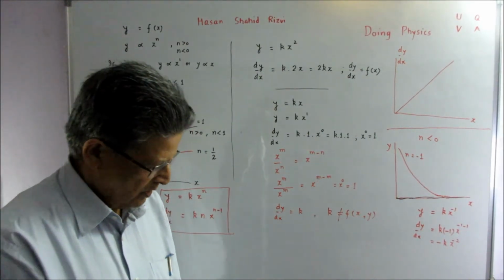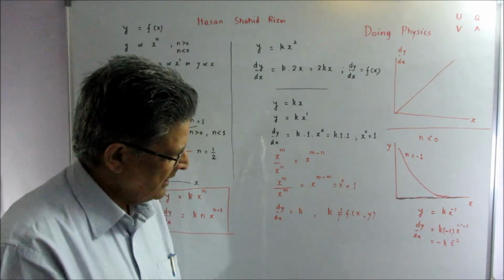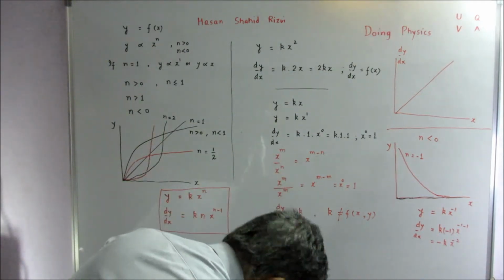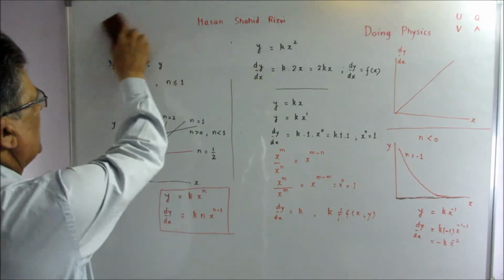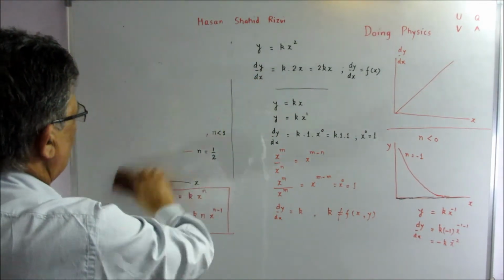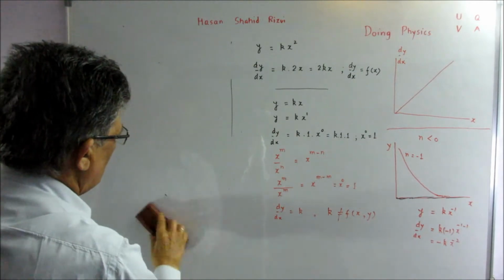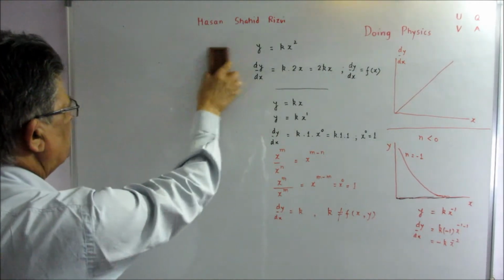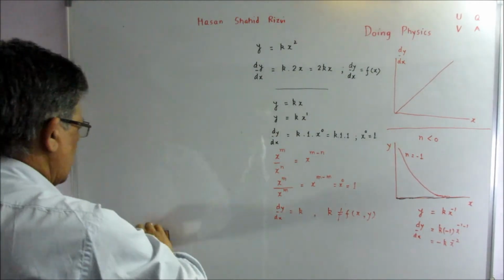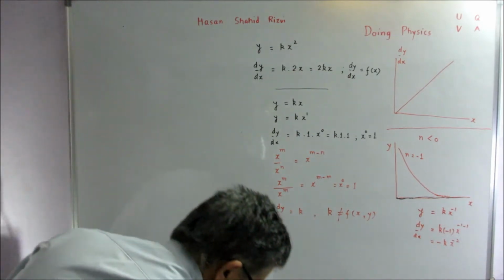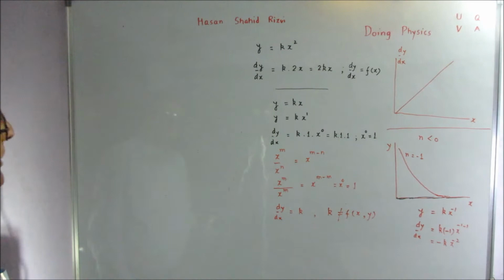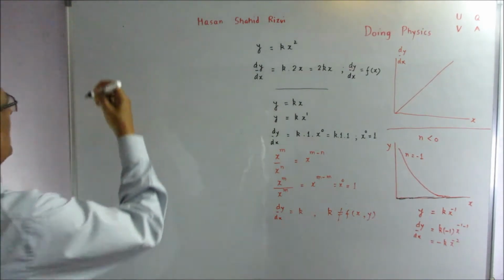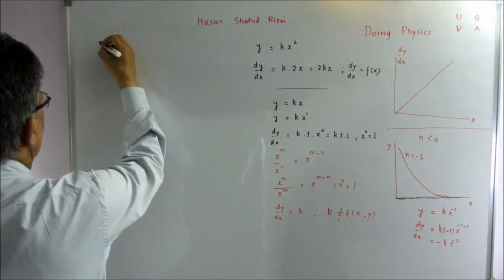But now I go, as promised, to a system wherein we have more variables than one. Now I take straight away the case of the law of universal gravitation.